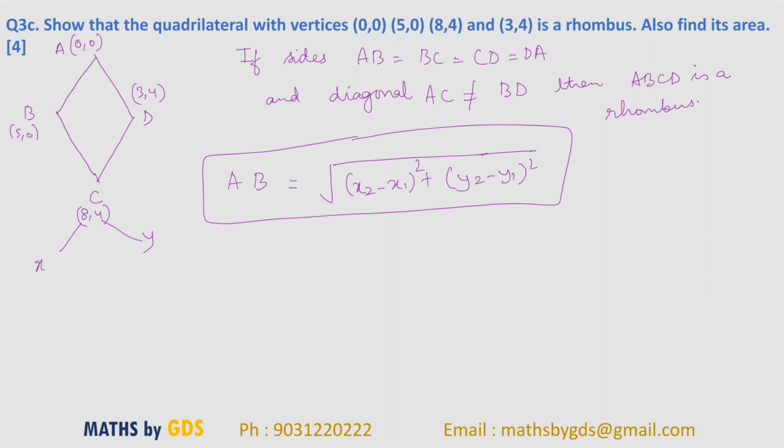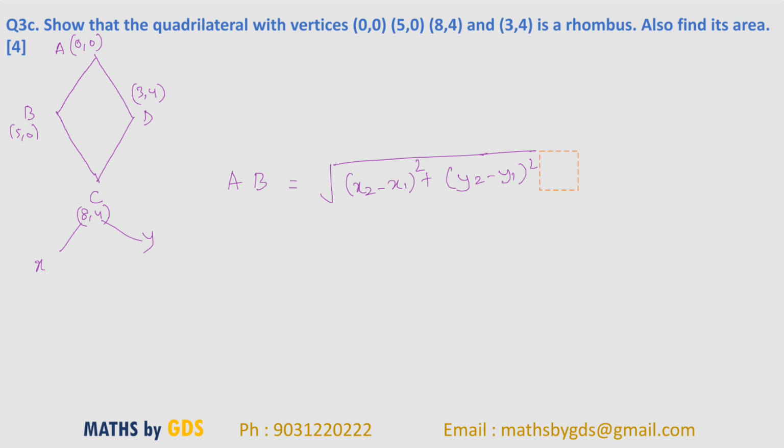So I'll erase this and we'll solve and check whether this shape is a rhombus or not. Before that, I want you to copy this distance formula if you are not aware of this.